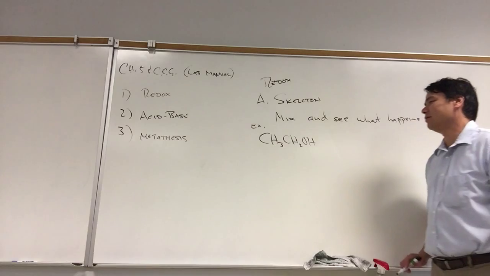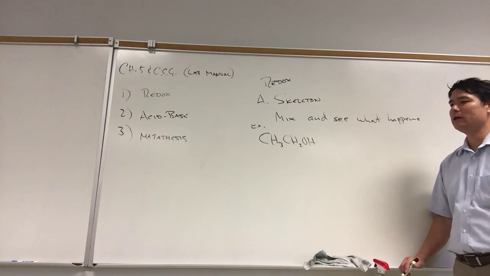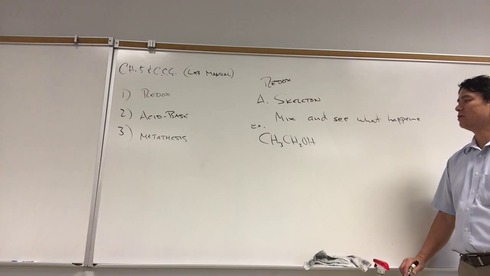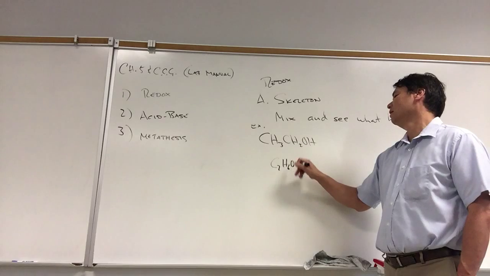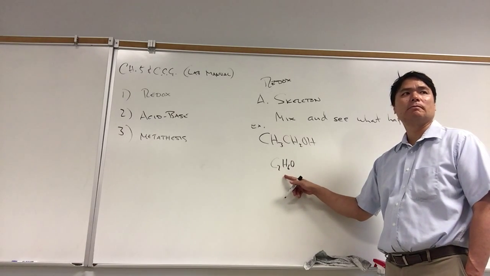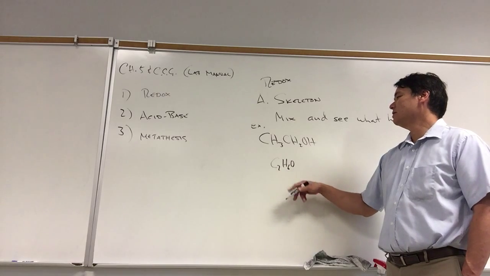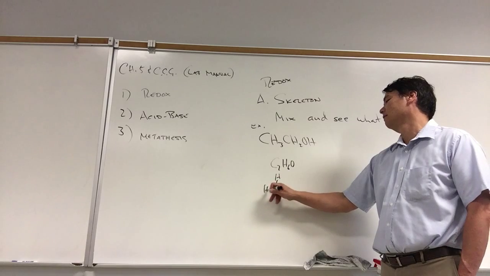There are different ways we can write the formula for ethanol, but this is one way. This is called the condensed structural formula, versus the molecular formula, C2H6O. The problem with the molecular formula is there are things called isomers. So for example, if we had C2H6O, this could be something like this.